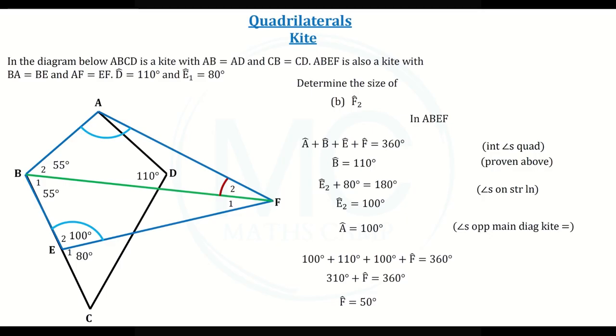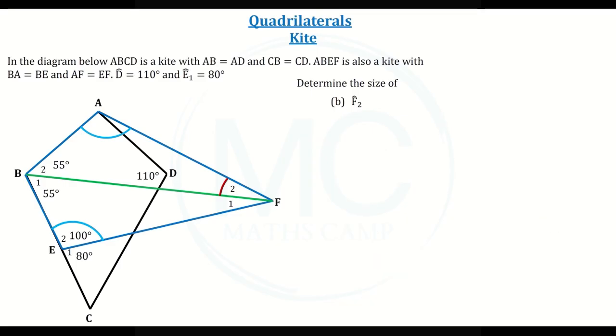Now we can use this to find the size of angle F2. So let's make some space and make a note up here that angle F is equal to 50 degrees. We know that BF is the main diagonal, so we can see that angle F1 is equal to angle F2 because the main diagonal of a kite bisects the interior angles.